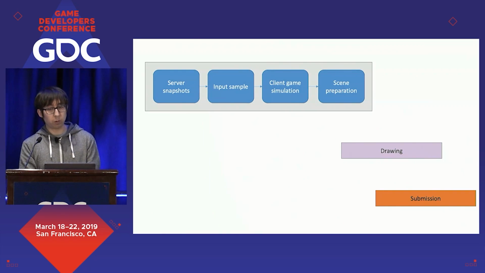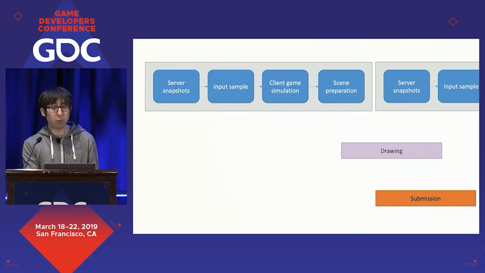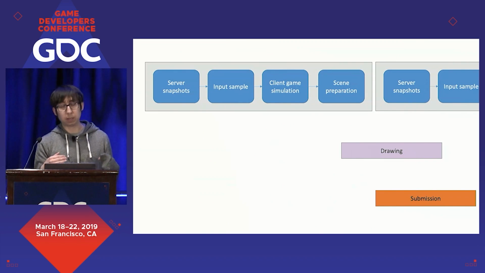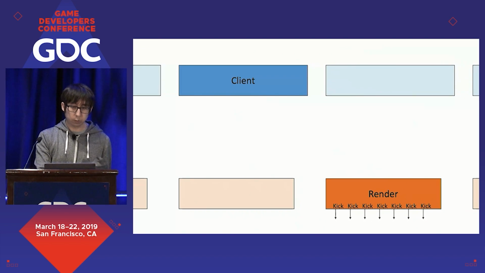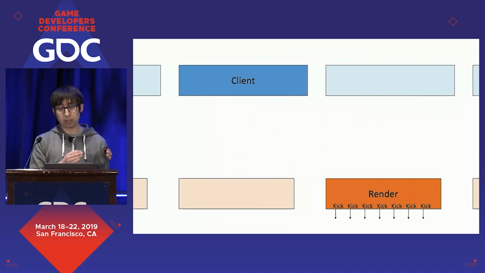So to keep the CPU cores more consistently saturated, we split out the drawing and submission work. Then after this frame's scene preparation, we immediately start the next frame. That way, the beginning of the next frame overlaps with drawing and submission for this frame, and this yields a pretty huge speedup.